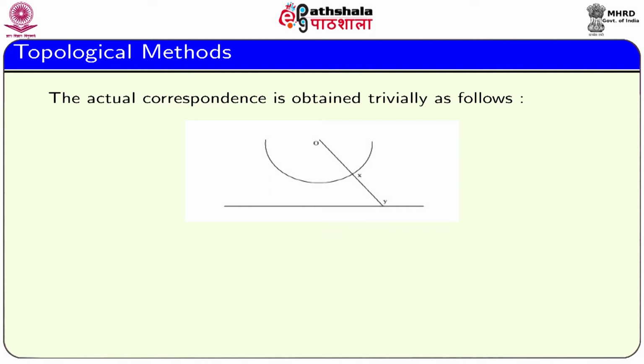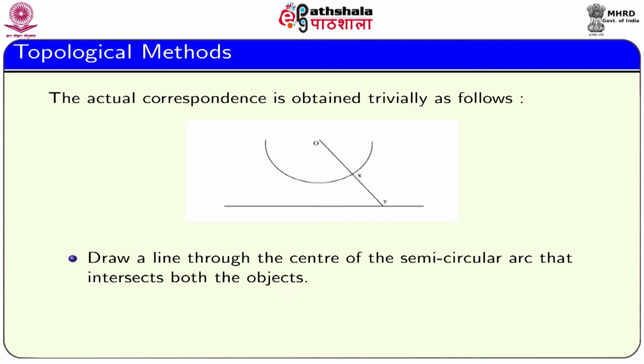The actual correspondence is seen here. Suppose this is the semicircular arc, and suppose this is the line segment. We draw a line through the center of the semicircular arc that intersects both the objects.